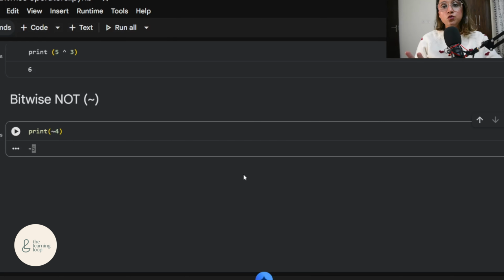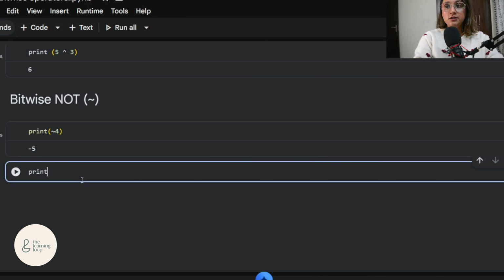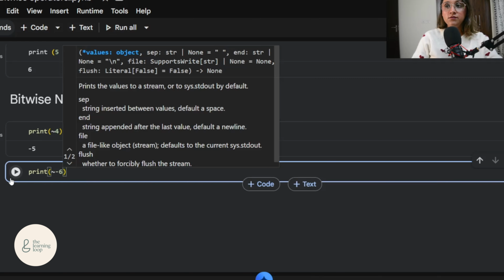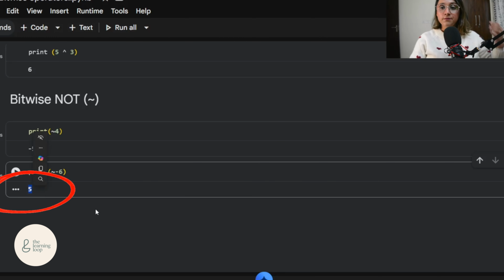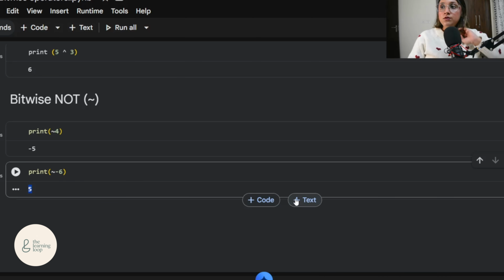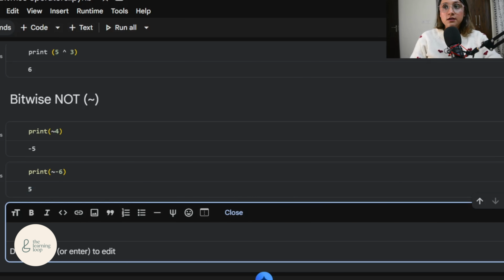And as per the two's complement, that would present the negative number. And let's say I do print not, and if I do any negative number, that's -6, you will see the answer as 5.